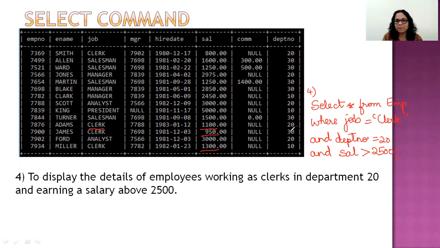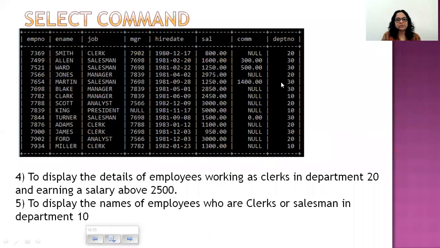These 2 are not going to be considered also, because they don't belong to department 20. It's only this person who was considered, but his salary doesn't satisfy the condition, so he doesn't get displayed. But let's assume he was 7100. Is he in department 20? Yes. Is he a clerk? Yes. Is his salary more than 2,500? Yes. So his record gets displayed. Clear? Okay, let's go to the next question.